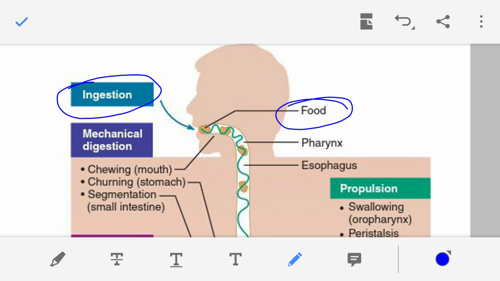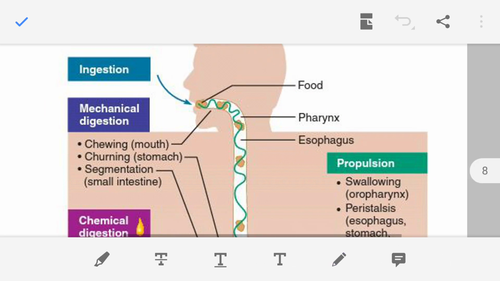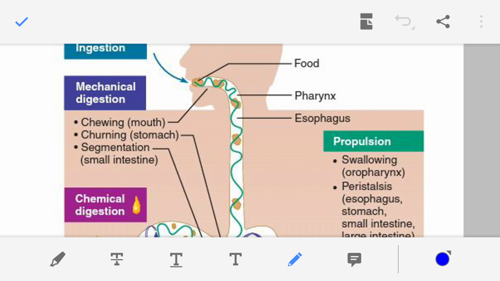The solid thing and the liquid food substance that we take in our mouth, that process is known as ingestion.